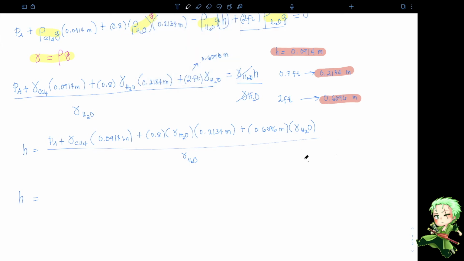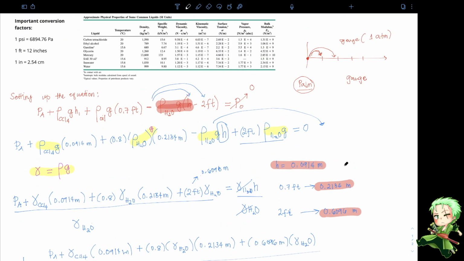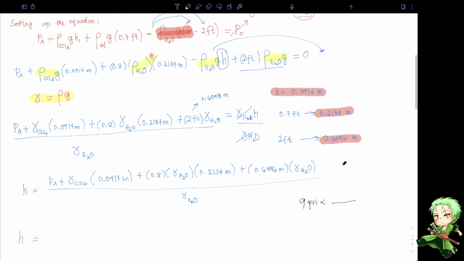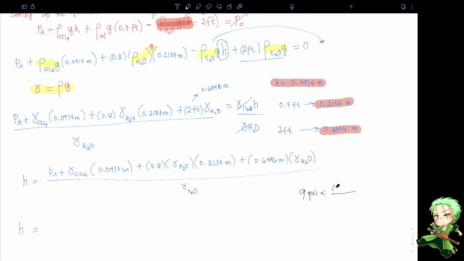So we have 9 PSI. Convert that into pascals. So 1 PSI is 6894.76 pascals, or 1 pound per square inch.